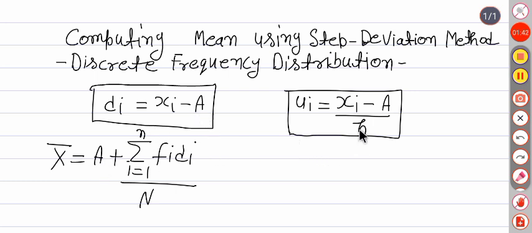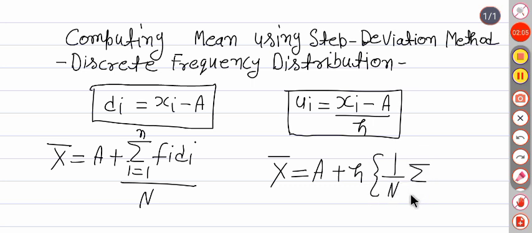So you can guess that if you have divided, it would be multiplied. So if you are using this one, the formula would be A plus h, you multiply h here, times 1 upon N summation over i equal to 1 to n of fi ui.